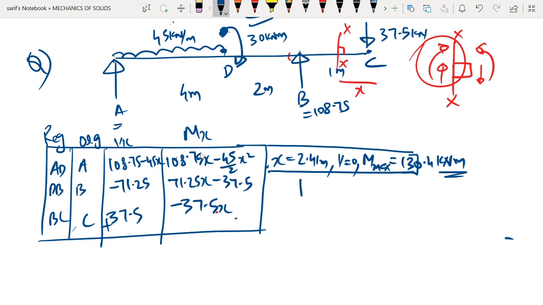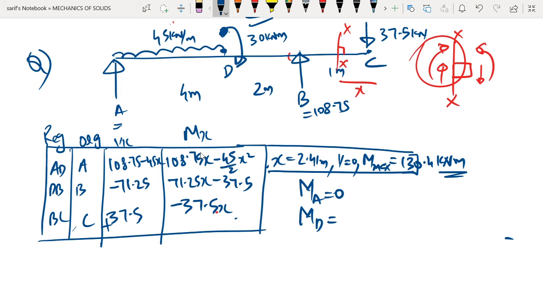If we substitute and see, we get the value of bending moment at A as 0, and then the value of bending moment at D. Here we have to understand that at D we have a concentrated moment, and therefore there will be a sudden jump in the bending moment at the point D. Therefore two values of bending moment have to be found out.